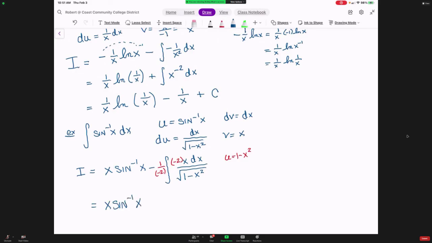x sine inverse of x plus 1/2 the integral of u to the -1/2 du.